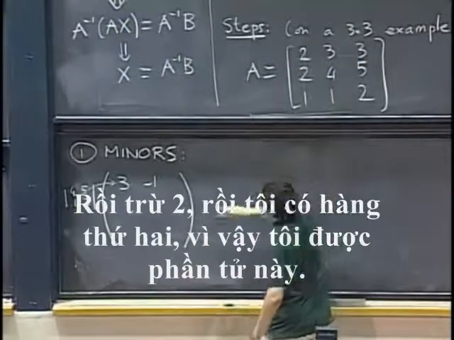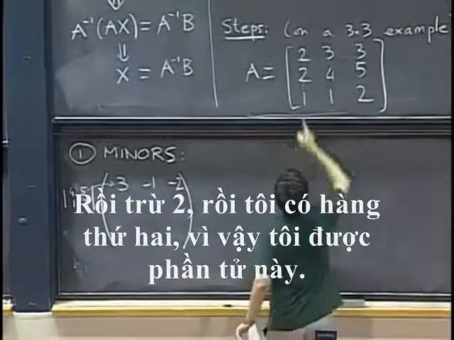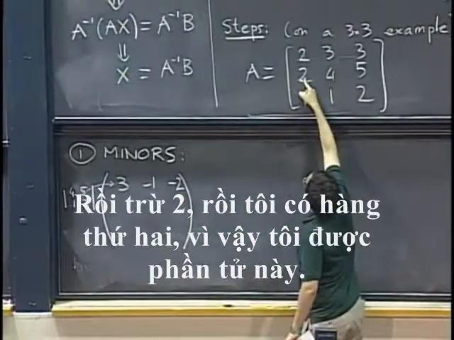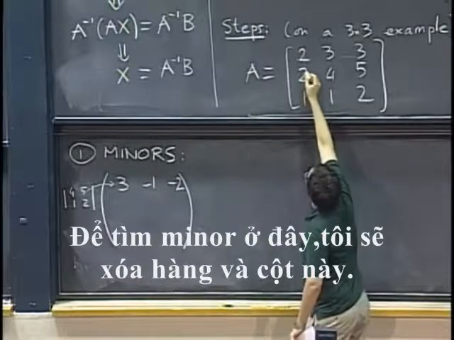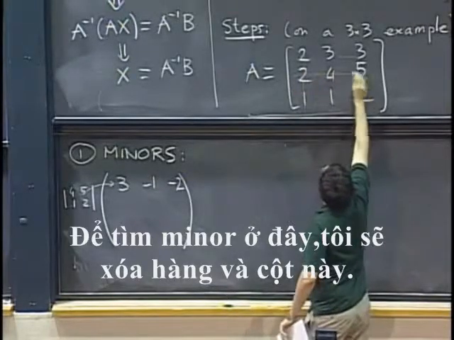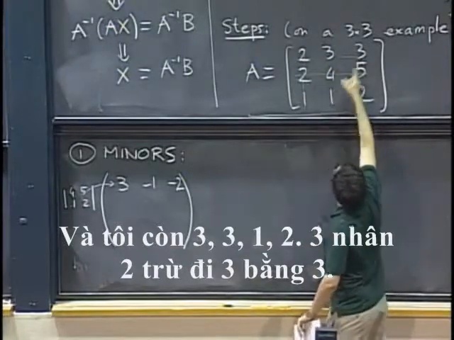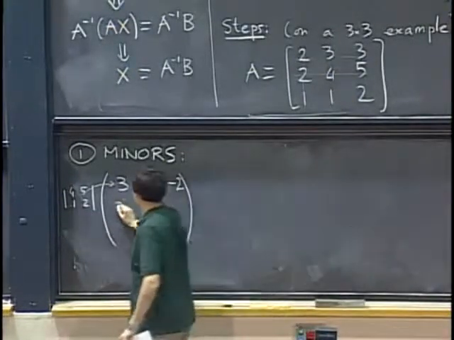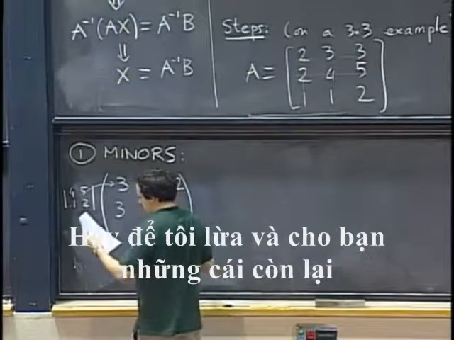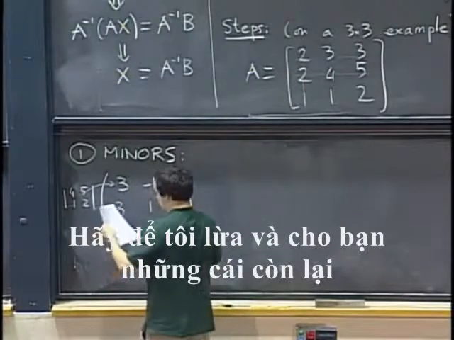Then minus 2. Then I get to the second row, to this entry. To find the minor here, I delete this row and this column, and I'm left with 3, 3, 1, 2. 3 times 2 minus 3 is 3. Let me just cheat and give you the others.